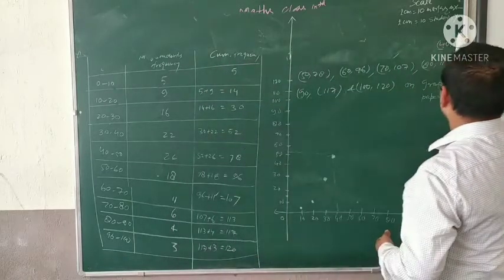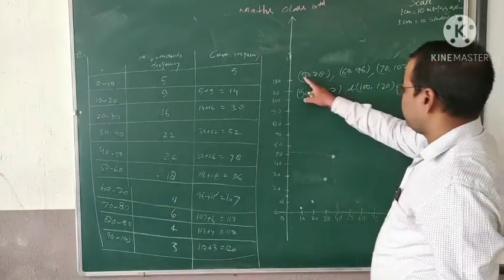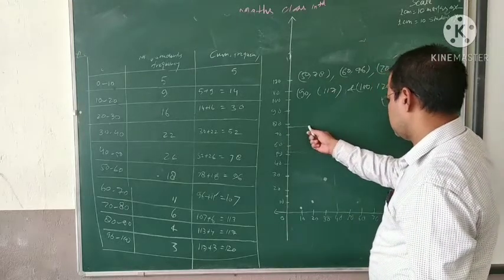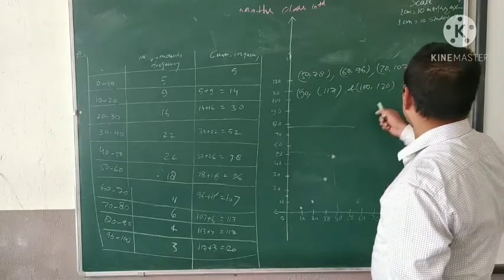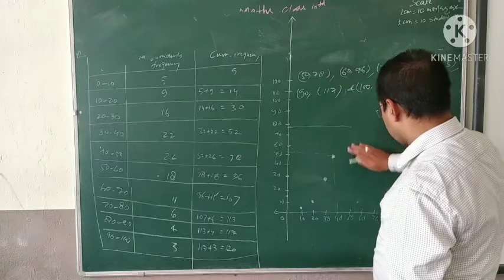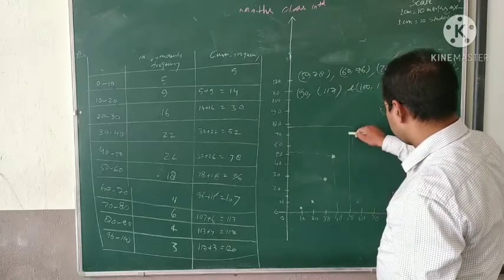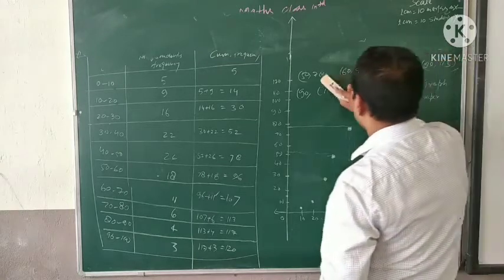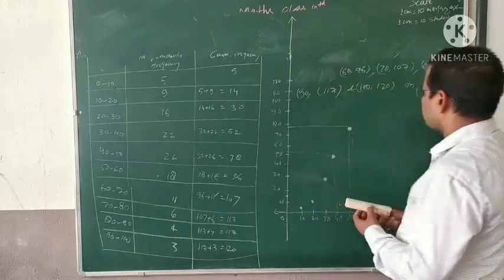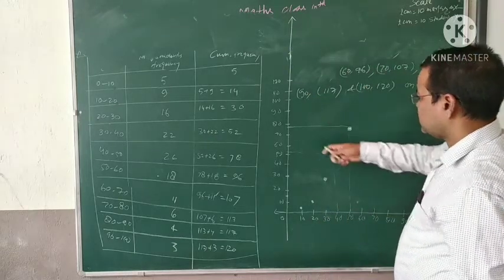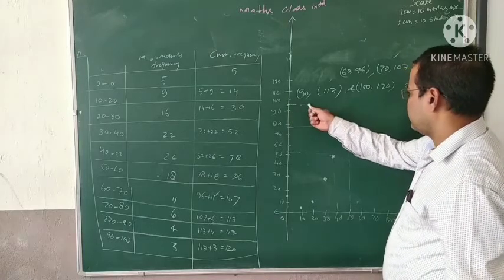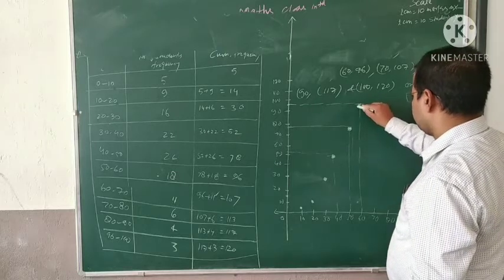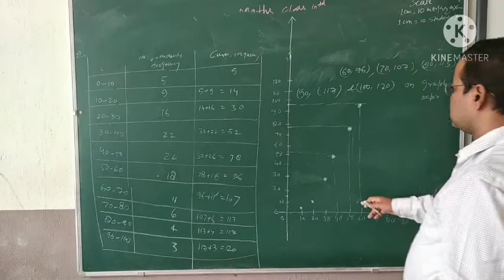After that, we plot 50 and 78, which will be below 80. Now 60 and 96, which will be just above 95.